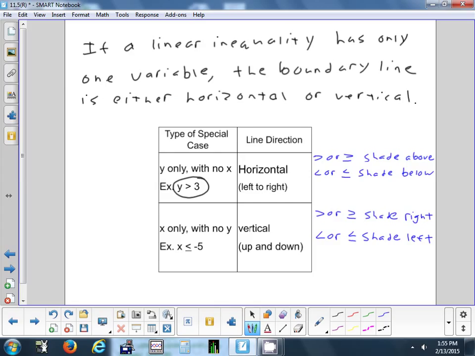If you just have a Y, that's a horizontal line. Y, inequality, then a number, that's a horizontal line, left to right.